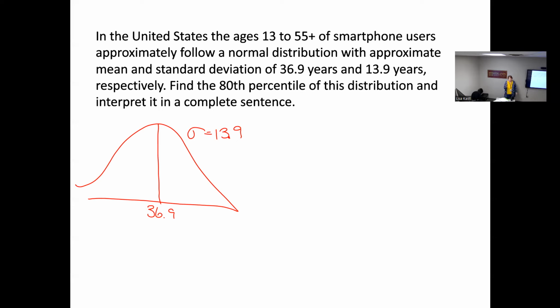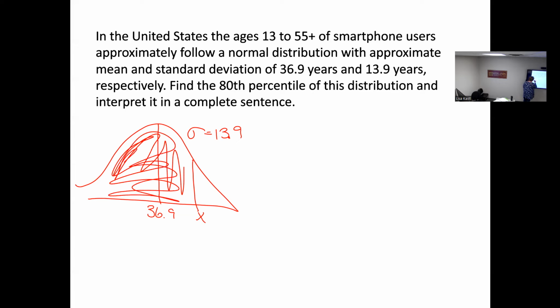So we're looking for that X value for which 80% of my ages are below that. So I'm looking for an age, X, where 80% of my users are below that age. That's the 80th percentile. So this is an inverse normal because they give me the area under the curve. They say the 80th percentile, I want to find the X value for that.